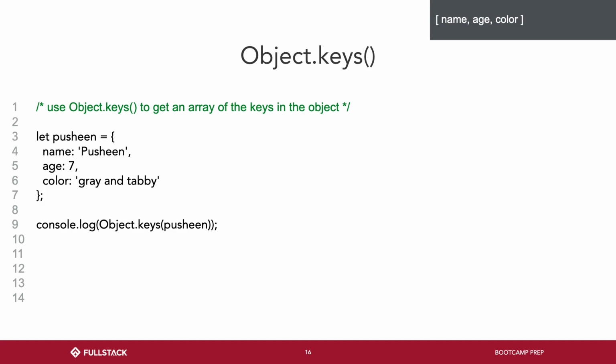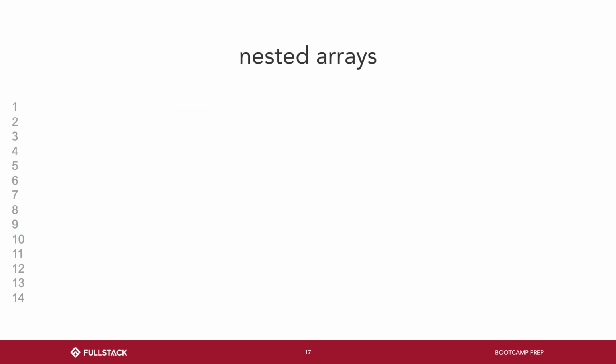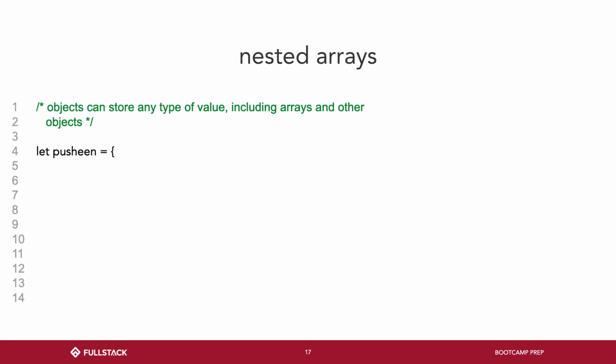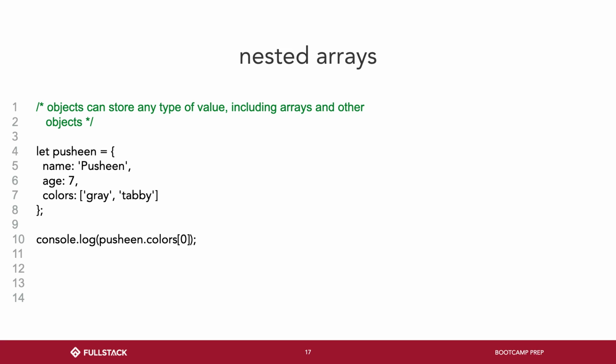But if you do it a million times, at 0 might not always be name, because objects aren't ordered. 999,000 times out of a million, though, it will probably be ordered, but you cannot rely on that. If you have nested arrays, we can do Pusheen dot colors at 0, okay?